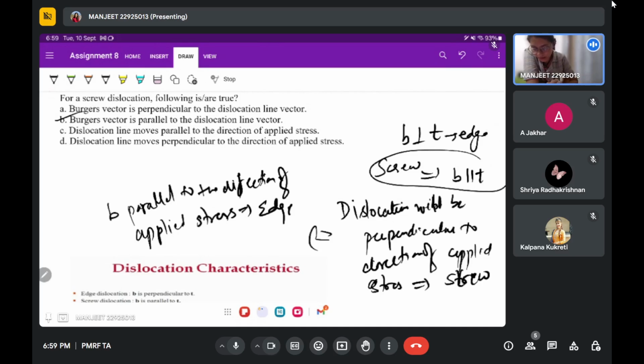And in the C and D parts, the dislocation moves parallel to the direction of the applied stress. No, this is in the edge one, and here in the screw the dislocation moves perpendicular to the direction of the applied stress. So this is the D part.